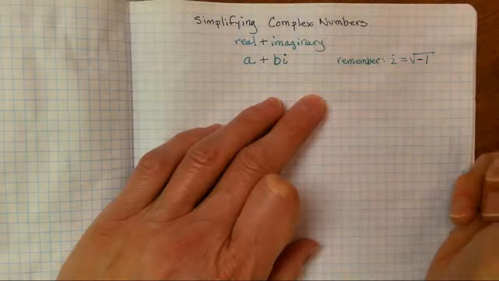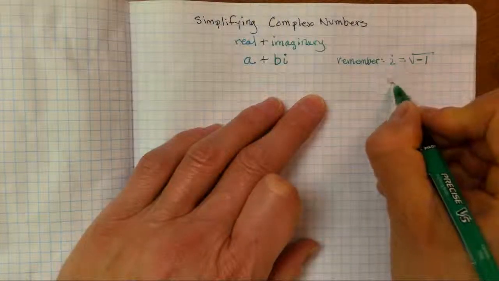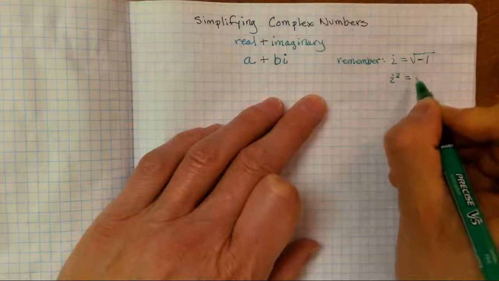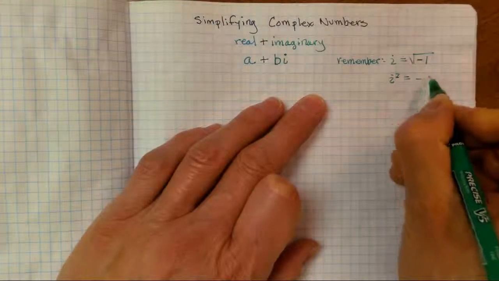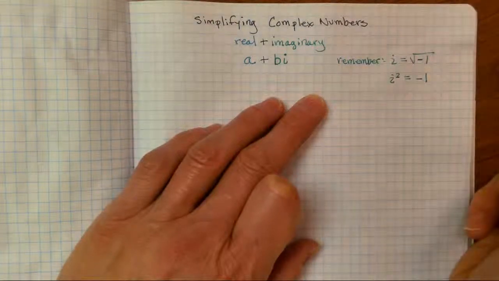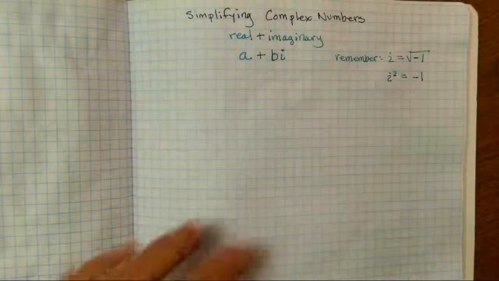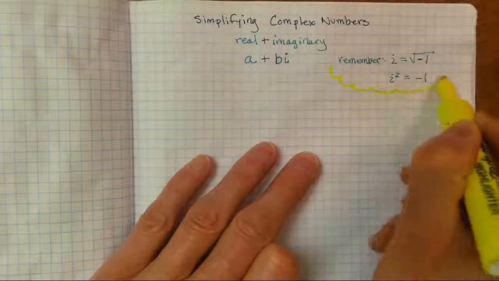Okay? And the other thing that's important to remember is I squared is equal to this whole thing squared. So if we were to square it, we're just going to get -1. Okay? So that's very important to remember this definition right here.